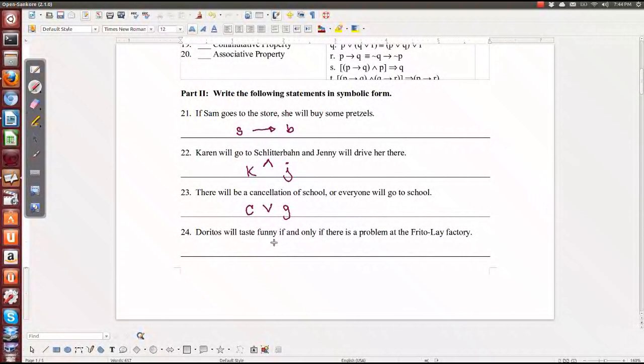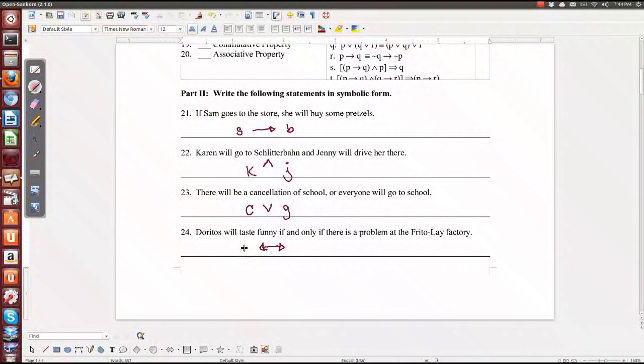And we have Doritos will taste funny if and only if there's a problem at the Frito-Lay factory. If and only if is the symbol biconditional. Those are the keywords for a biconditional.